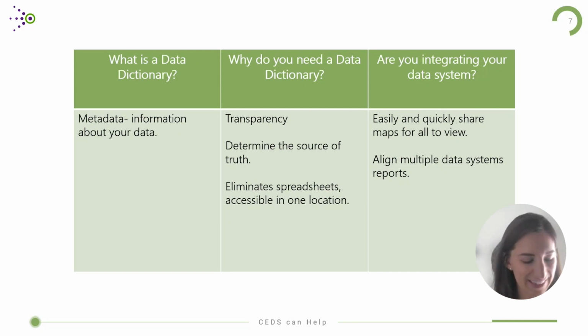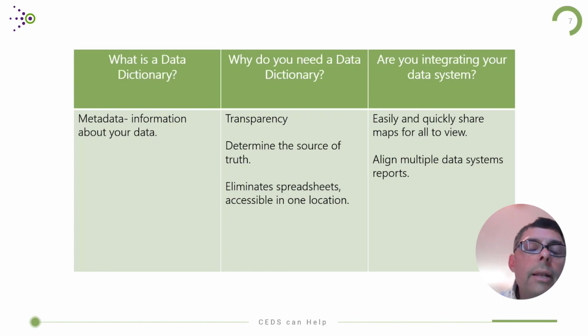And so to begin, what is a data dictionary? A data dictionary is the data about the data, or the metadata you'll often hear, and it consists of a data element and the definitions that go with the data element.